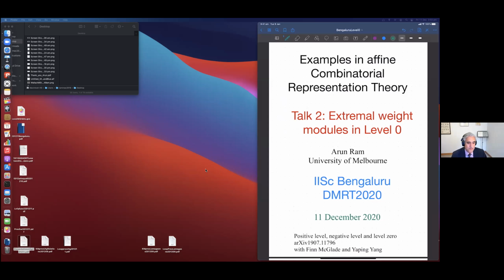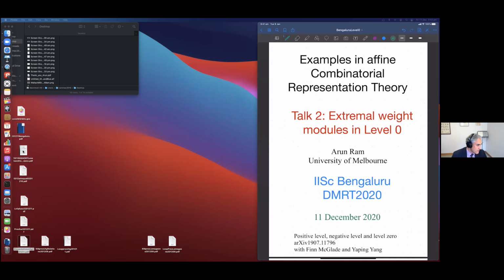But I became very interested in it for 2 reasons. One was because I saw the Pieri-Chevalley formula of Kato, Naito, Sagaki for the semi-infinite flag variety, and I thought that was fantastic. So I started to learn about level 0. And the second was what I alluded to yesterday, that non-symmetric Macdonald polynomials appear as characters of these modules.